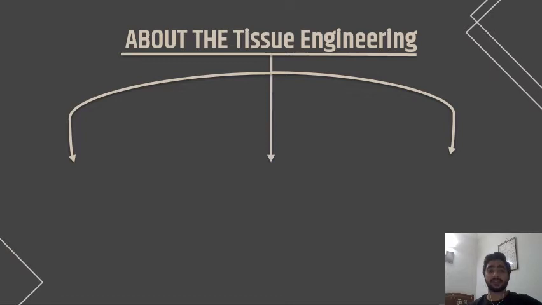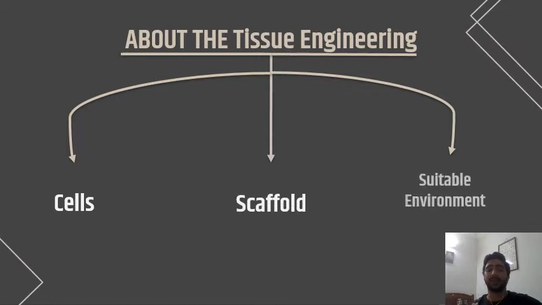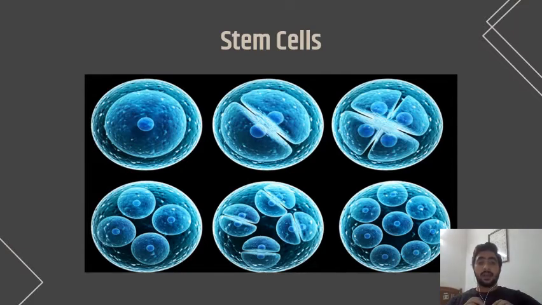All these strategies need specific materials and a specific environment, and the most important factor is specific cells. For example, in tissue engineering, we have to provide cells, scaffold and a suitable environment. Stem cells are cells that are able to proliferate and differentiate and become specialized cells with a more specific function.